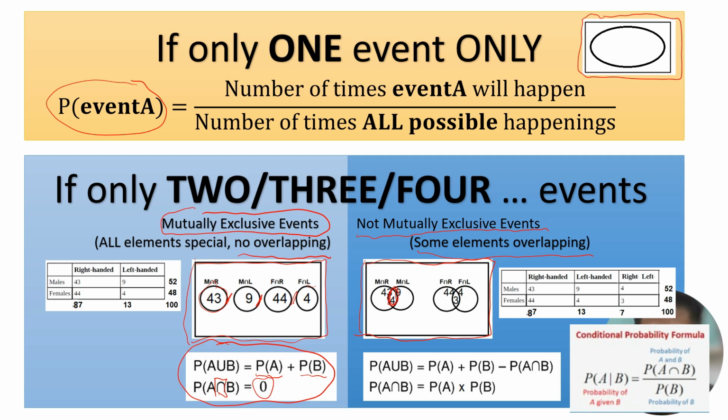The formulas we're going to use are these two: one to find the union, the OR case, and one to find the AND case, the intersection. There is a special case if we are given a scenario asking for the probability of A happening given that event B has already happened. This will be the formula.